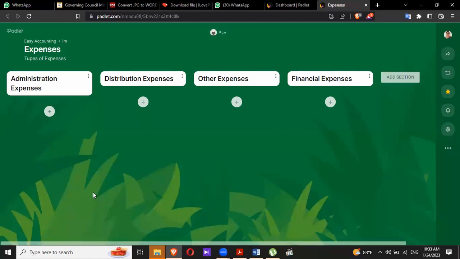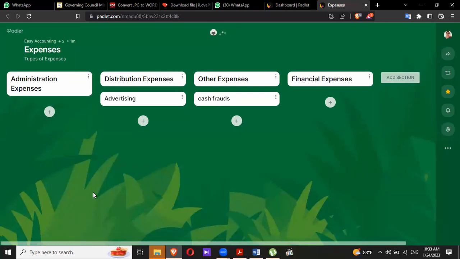For the administration expenses, add the expenses you know under administration. Distribution expenses are the expenses related to sales and distribution.